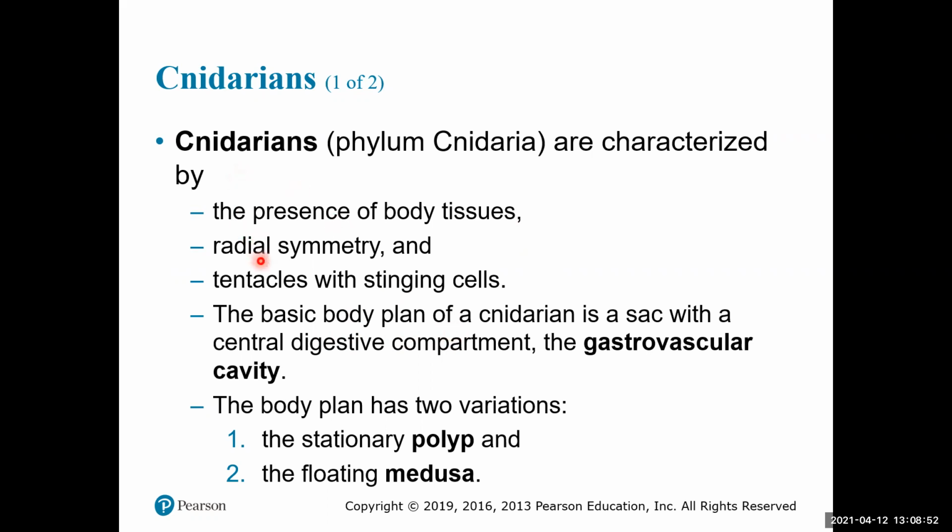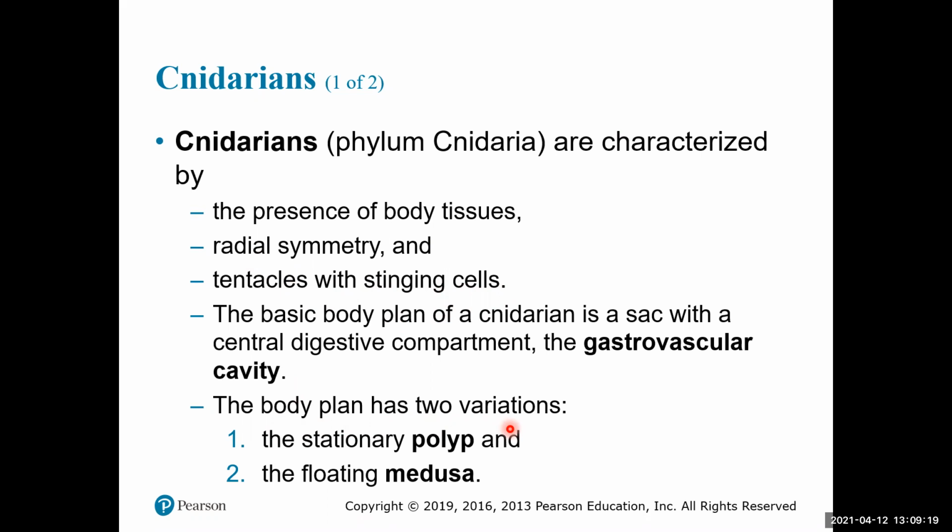Cnidarians have radial symmetry, and then they're characterized by these special stinging cells that are called cnidocytes. And that's where the phylum name comes from. All cnidarians have typically two variations in their body plan. They'll have a polyp stage, which is stationary, and then they'll have a floating medusa stage.